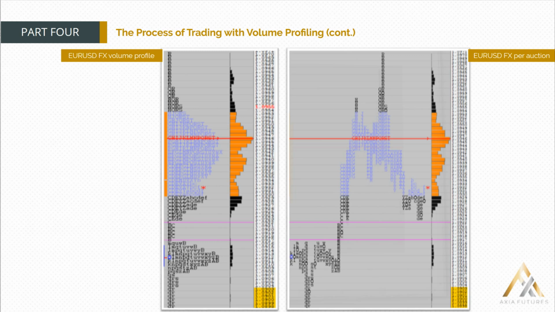This happens to be day 4 of the Eurodollar FX consolidation pattern I was showing you in previous slides. Now, the important thing to note in this chart is how, at the end of the day, if you looked at this chart, there are 2 very, very key anomalies that are sticking out like a sore thumb. The first is the low volume area after the early consolidation in the first chart.